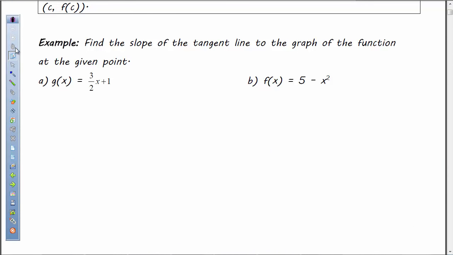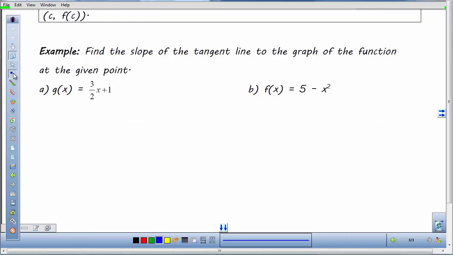Well, let's try that again. In B, we actually have a parabola. And of course, we know parabolas do not have constant slopes. So how do we come up with an expression that will allow us to find the slope of a parabola, or in particular, this parabola, at various values of x? Okay, so again, we're going to start with our definition.